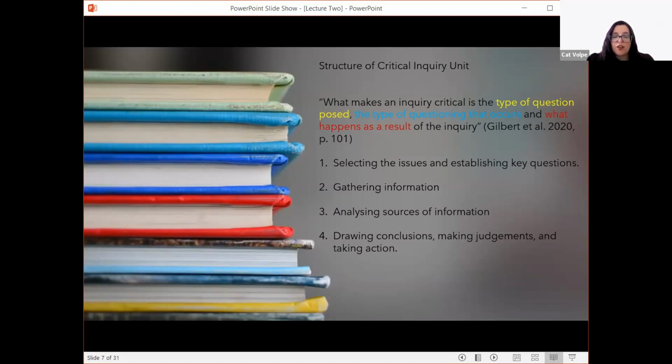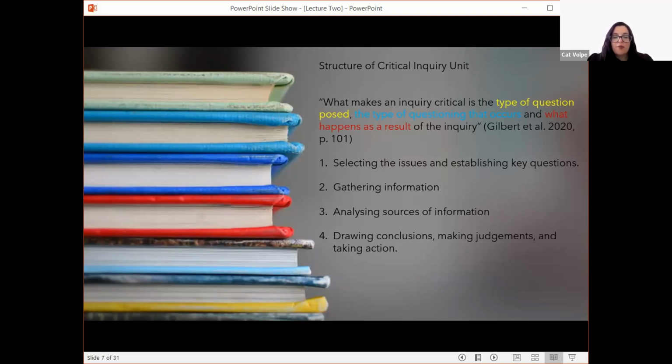The type of question that's asked is going to be instrumental in the way in which the sequence actually works or doesn't work. The type of questioning that occurs. So questioning is happening all the time. This is where we can assess students and ascertain their level of understanding.